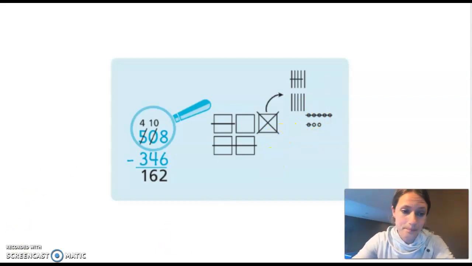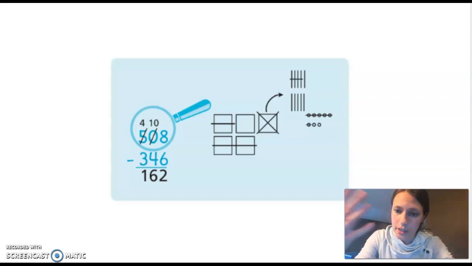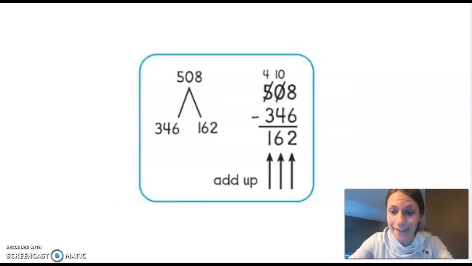Good. So in school we talked about different ways to check our work to make sure that we got the correct answer. I want you to think, what is one way we could check our work? How could we check our work to make sure that this is the correct answer? We could add up.